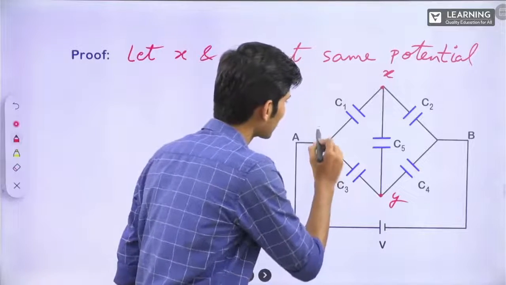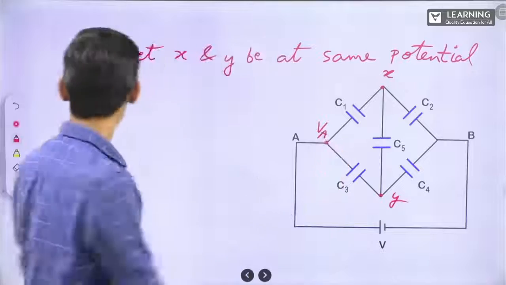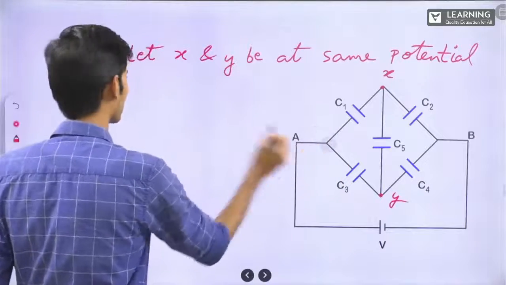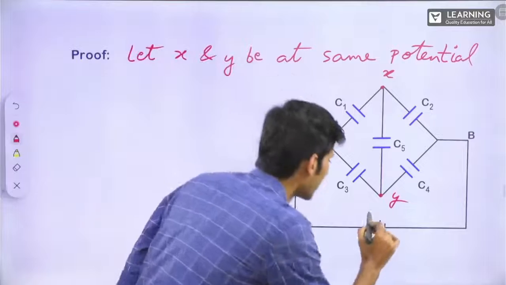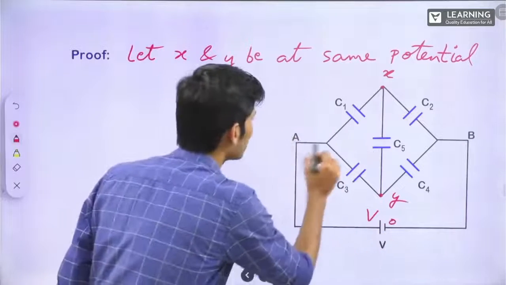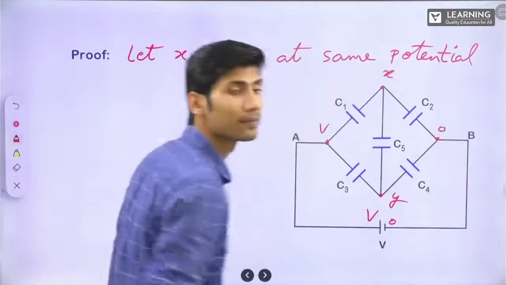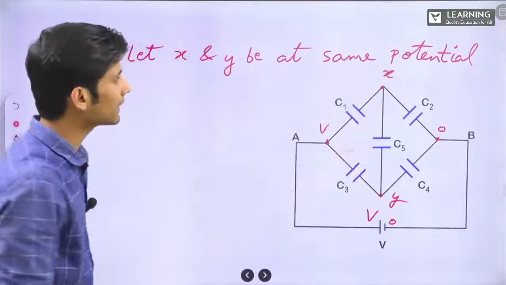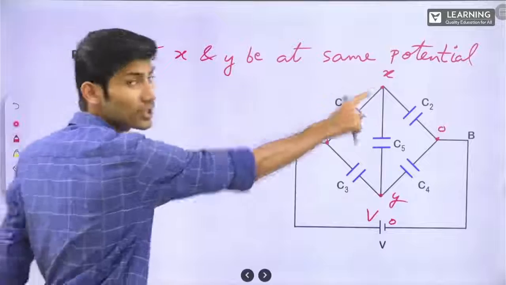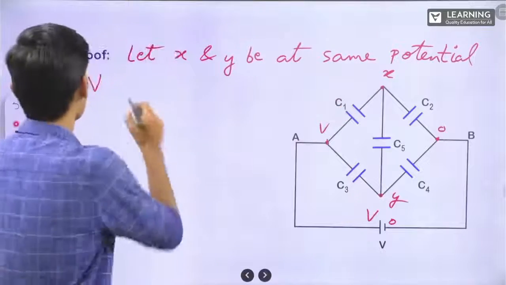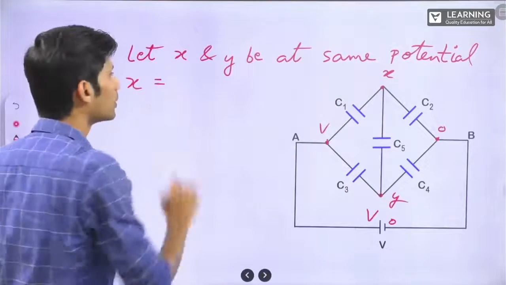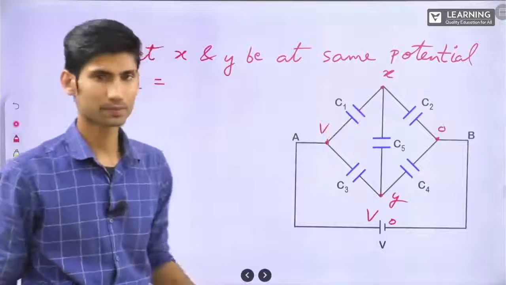Now see here, this is connected to the battery. At this point, let's say V is there. This is V, this is 0. So from here, this will be V, and from here this will be at 0. Here the potential is X, here the potential is Y. V minus X will be equal to the potential drop at C1.